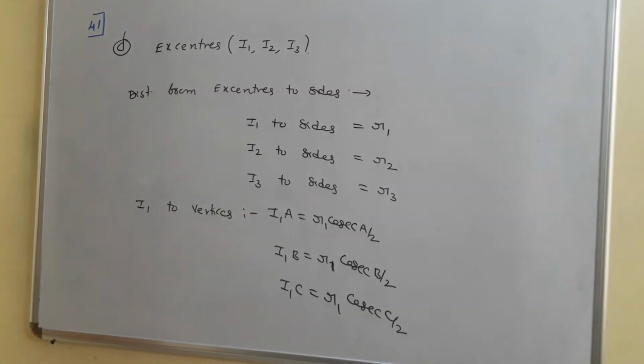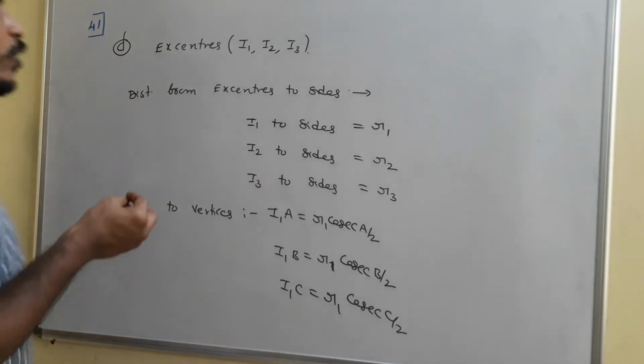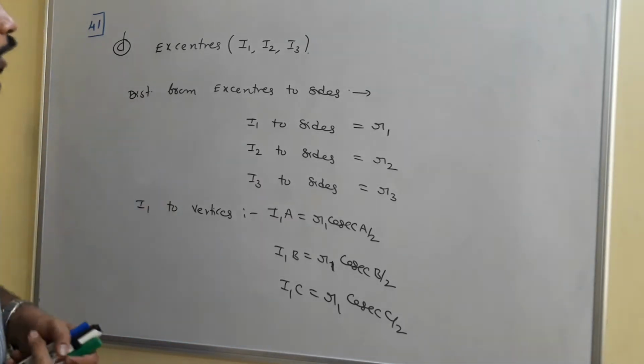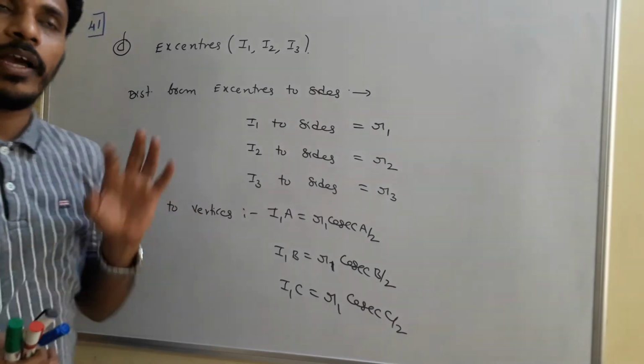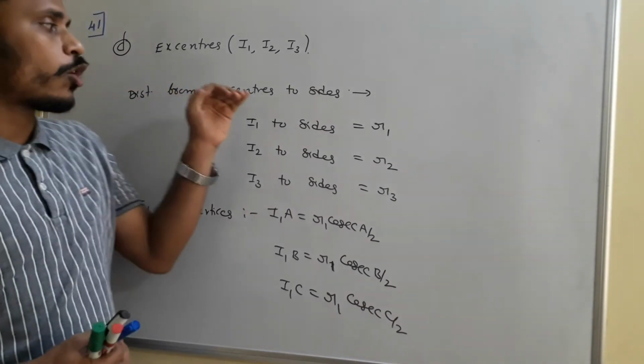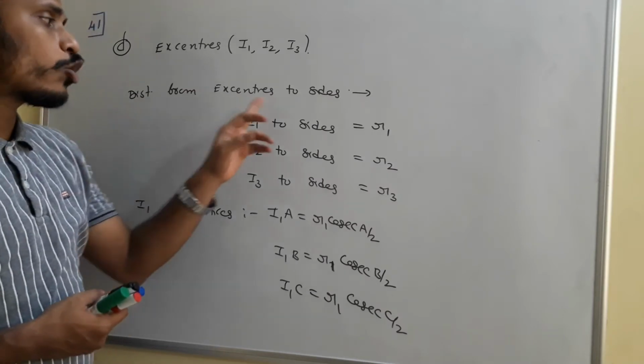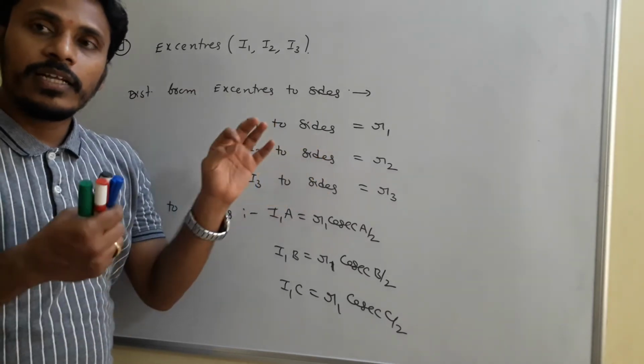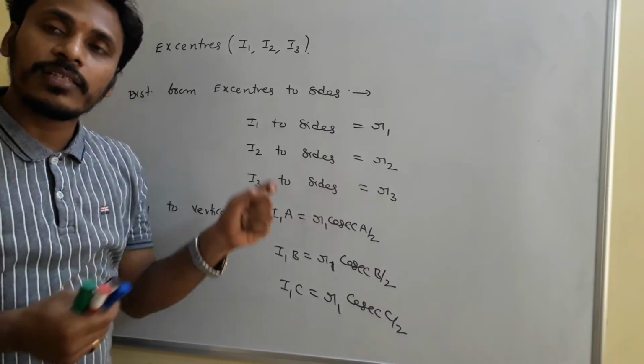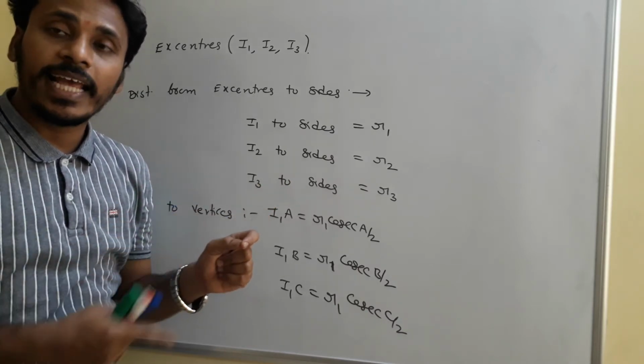We know the excenters as I1, I2, I3. The distance from excenter I1 to all three sides is the same, because there is an excircle.